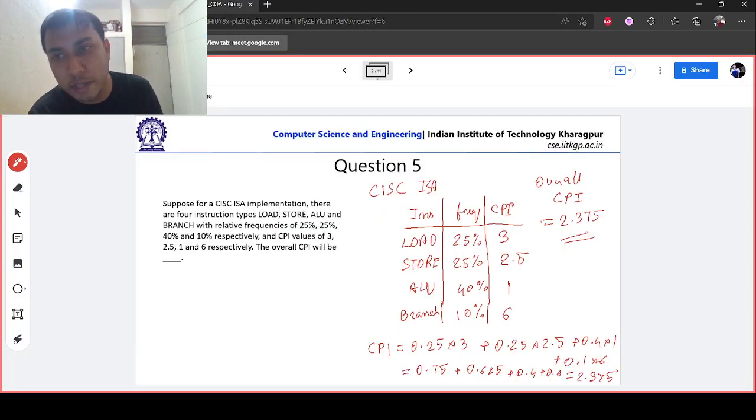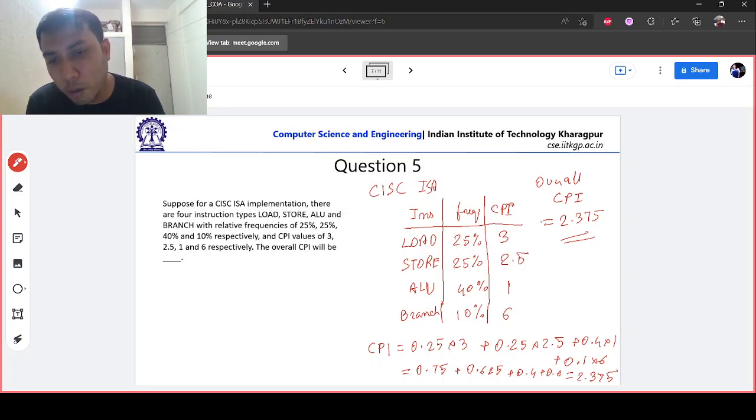So I will again repeat. We have a CISC instruction set architecture. There are four instruction types: load, store, ALU, and branch. We have tabulated the question. They have a frequency of 25%, 25%, 40%, and 10% respectively, and a CPI of 3, 2.5, 1, and 6. So how to calculate the total CPI?